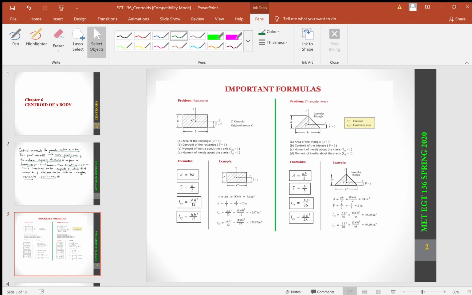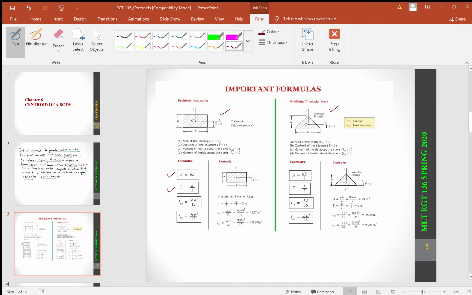Okay. So for the common shapes we're going to use for our particular case, in terms of centroids, we're looking at composite bodies. They typically have a uniform or homogeneous shape. So we're looking at a rectangle, a triangle, and certain things one should know about the rectangle is we have to understand what is the area and the centroid about the y-axis.